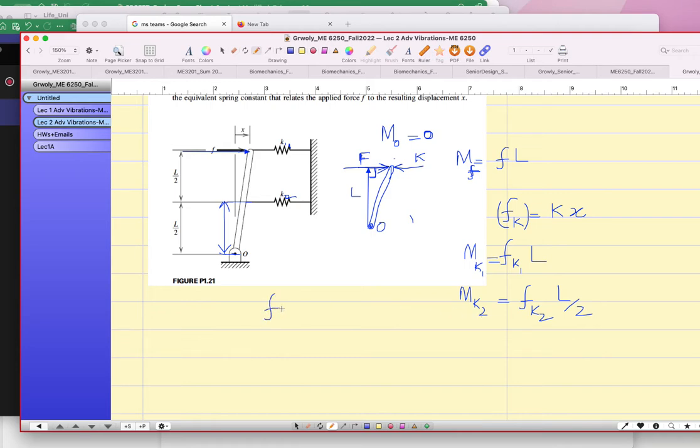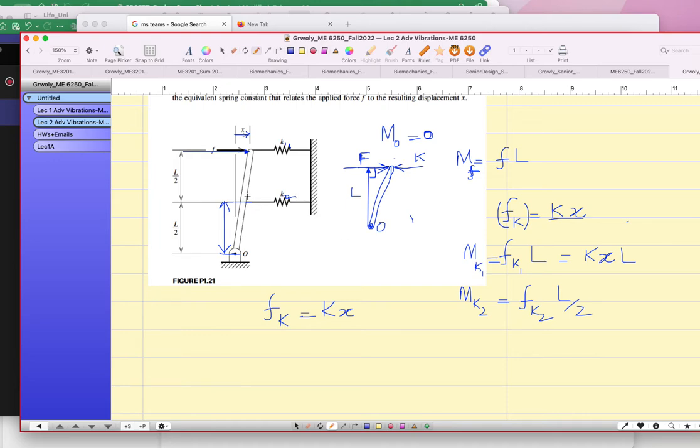And now what is Fk2? We know that the force of a spring is K times X. So I can write down here K times X as such. K times X times L would be the moment, where the deflection is X as given over here.